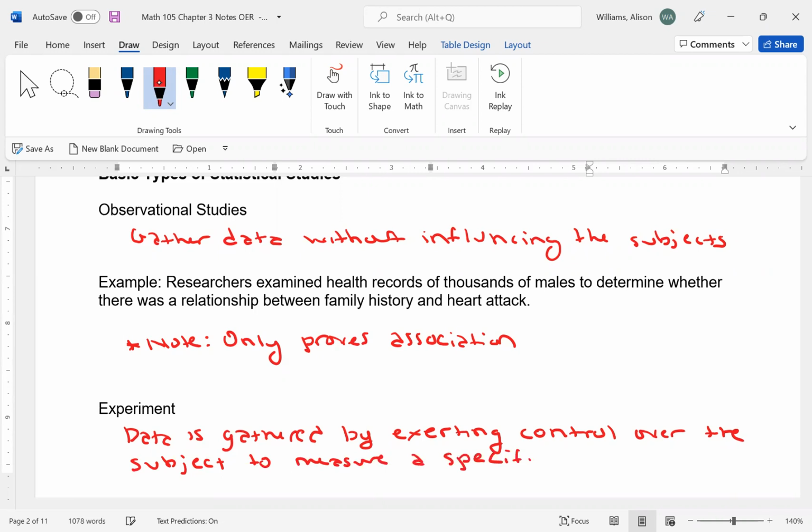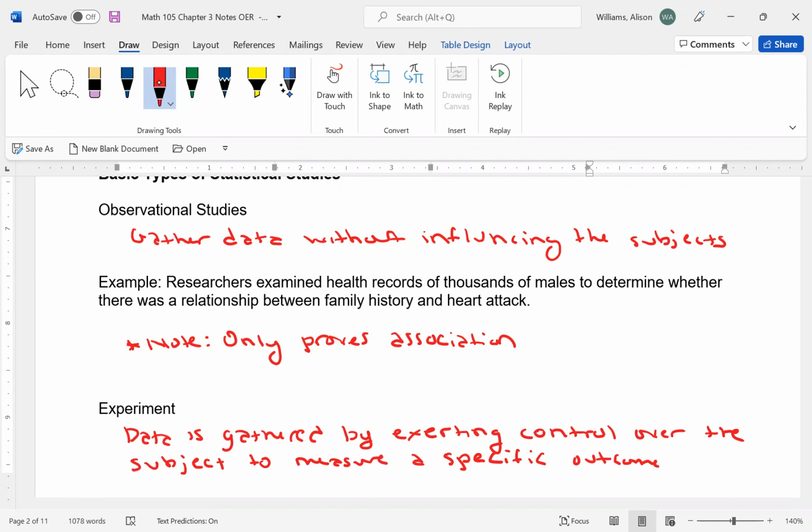Now, it doesn't mean that we're talking about rats in a cage, right? Or anything like that. It could be something as simple as, do you prefer Coke or Pepsi?